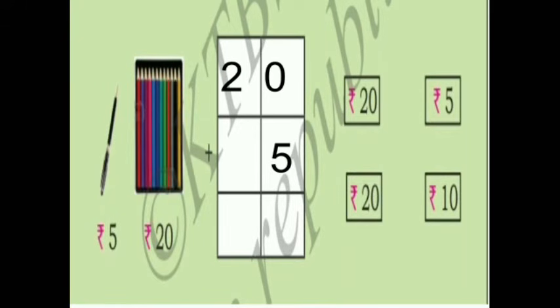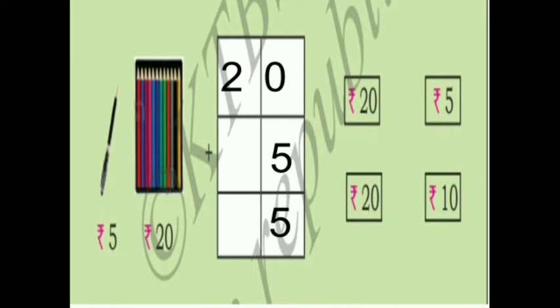Children, here we will solve these sums. First we have one 5 rupee pen and 20 rupee color pencils. First we should add these two. Now we should add the units place digits. They are 5 and 0. 5 plus 0 is equal to 5. Next we should add the tens place digits.